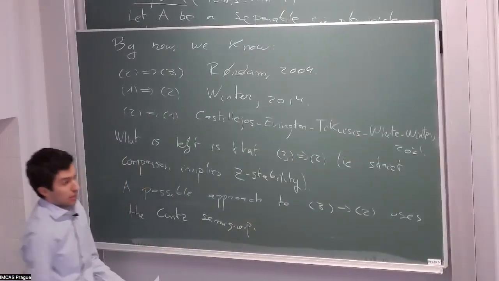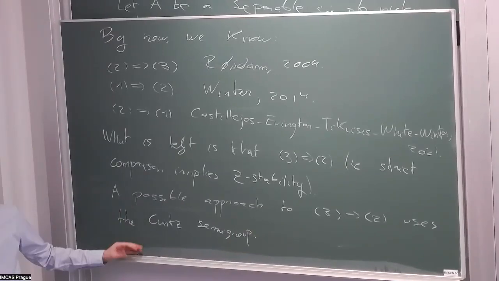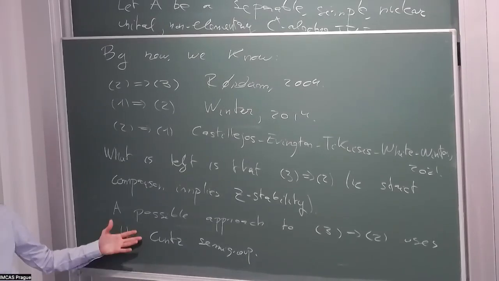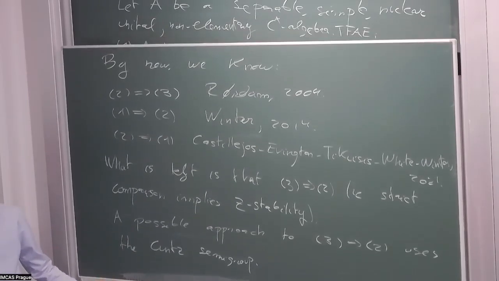But again, as I said, this is not the only approach. For instance, one can use uniform property gamma, and there is some intersection, but it's essentially a different thing.